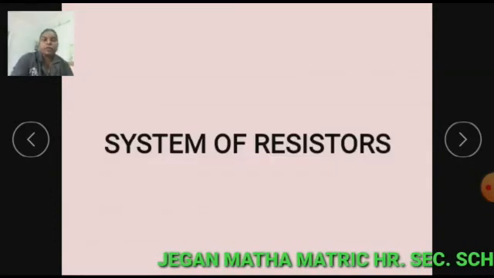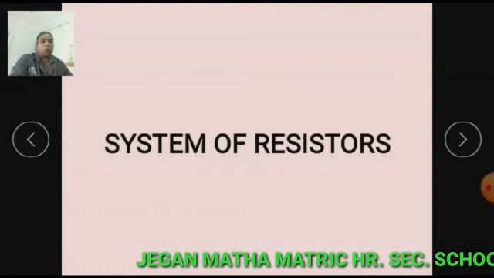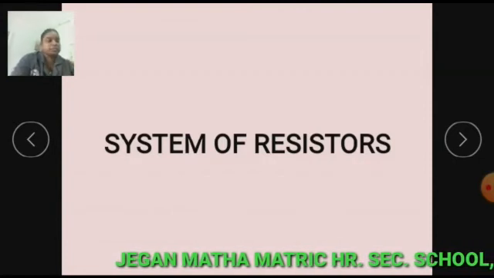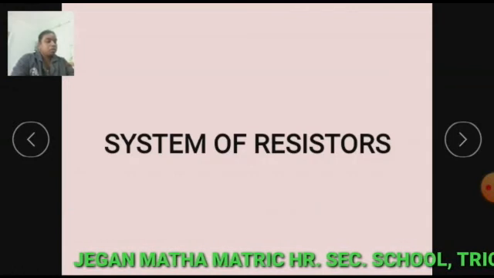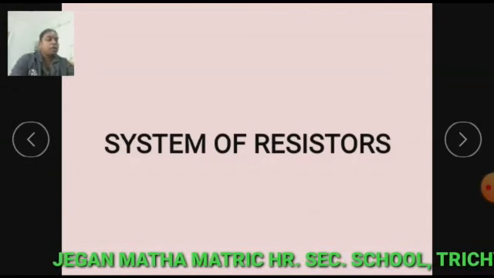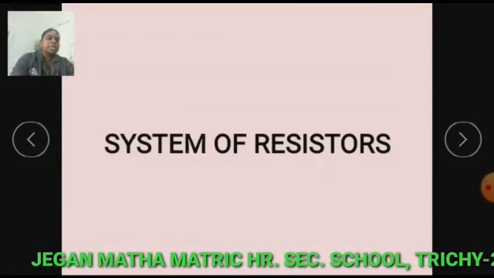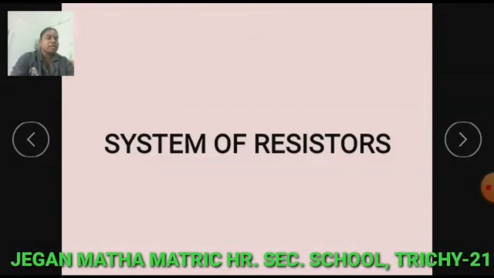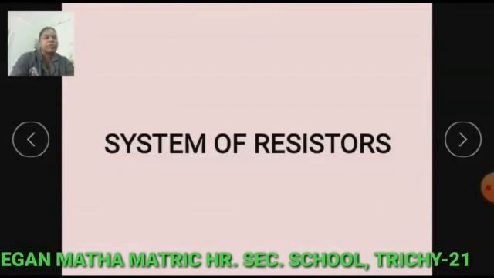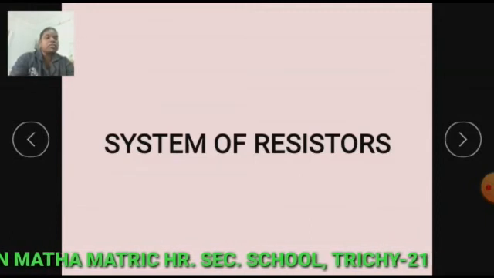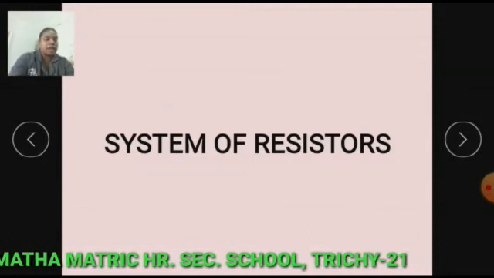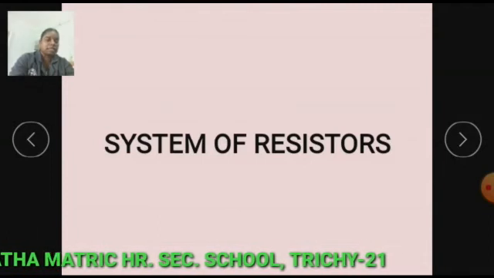Next, I am going to explain about system of resistors. We have learned how the resistance of a conductor affects the current through a circuit. We have also studied the case of simple electric circuit containing a single resistor.